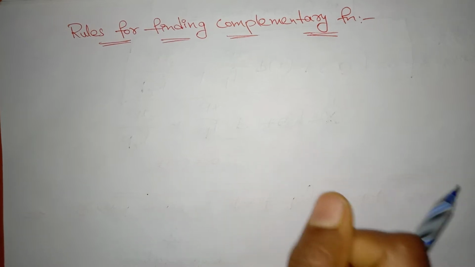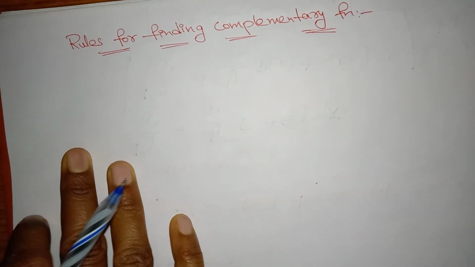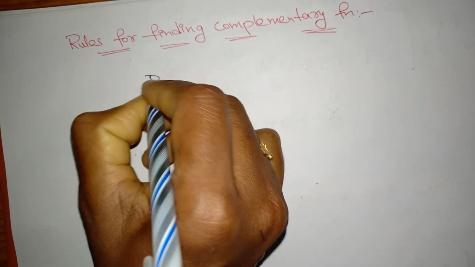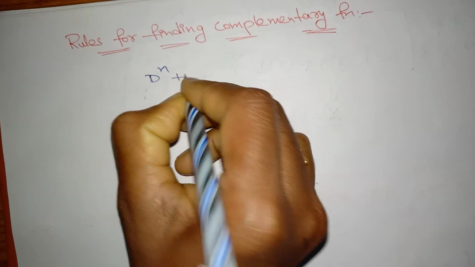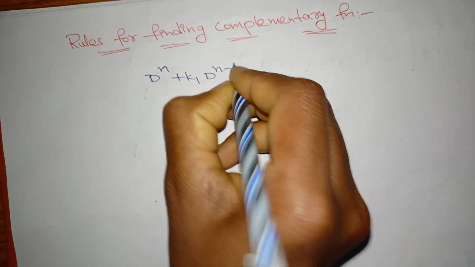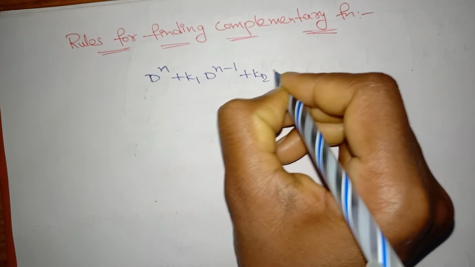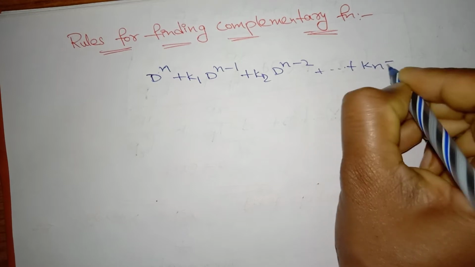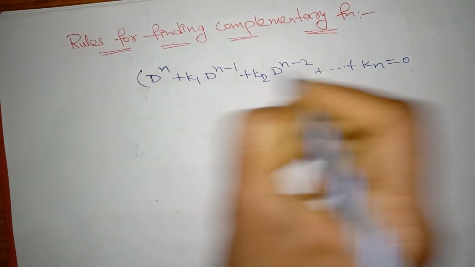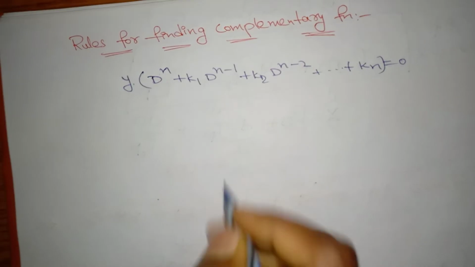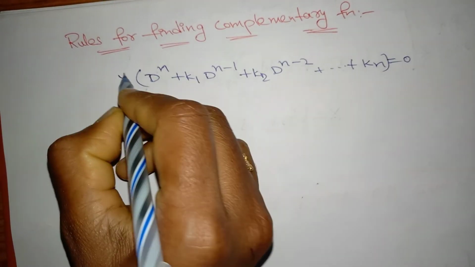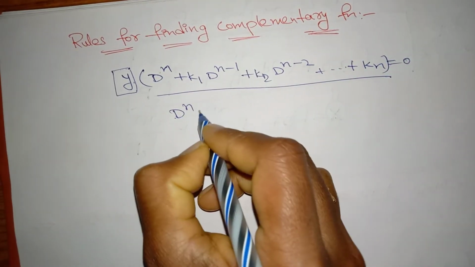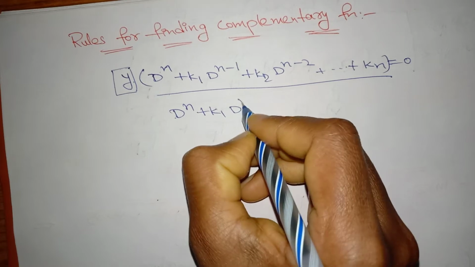I am writing the homogeneous differential equation using the operator method, that is, D power n plus k1 D power n minus 1 plus k2 D power n minus 2 plus and so on plus kn, into y, equals 0. Now take the coefficient of y equal to 0.